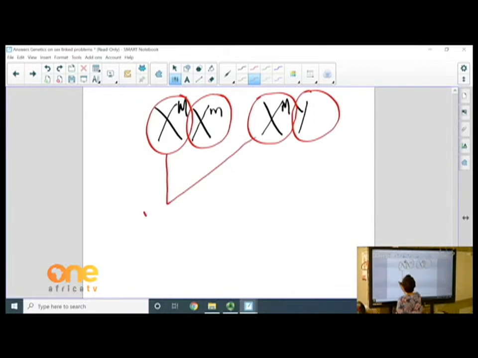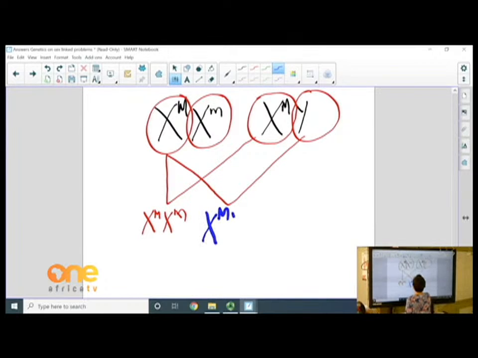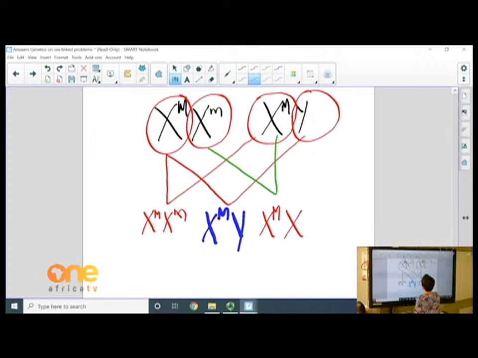Here, this girl will be homozygous normal. Right? This will be a boy, and this boy will be normal. Now, here we will have a girl again, X X, but she will have a capital M, small m. Capital M, no disease.